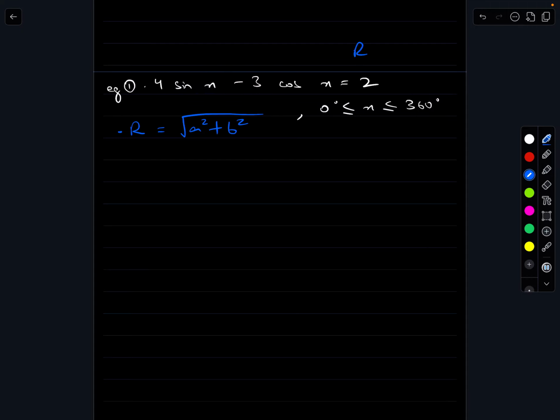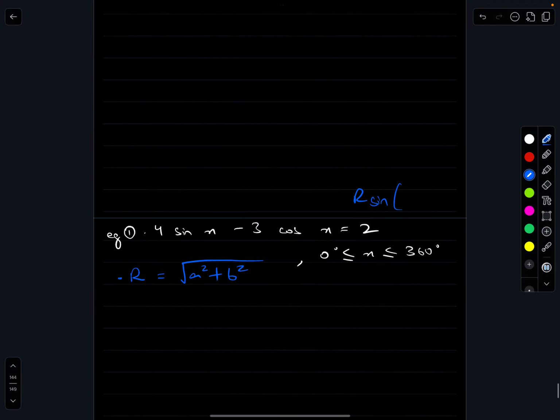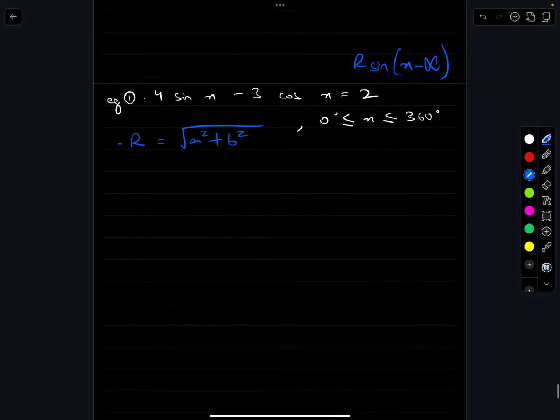So something like r sine x minus alpha. Solving this further would give me 4 square plus 3 square, and r is equal to square root of 25, r is equal to 5.